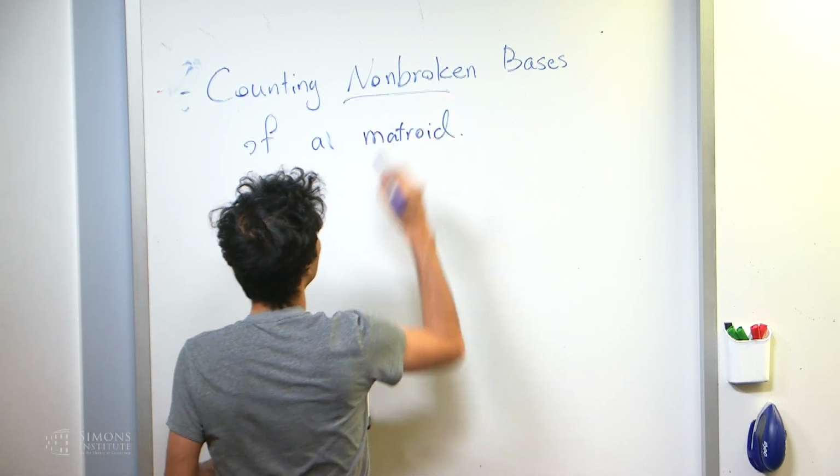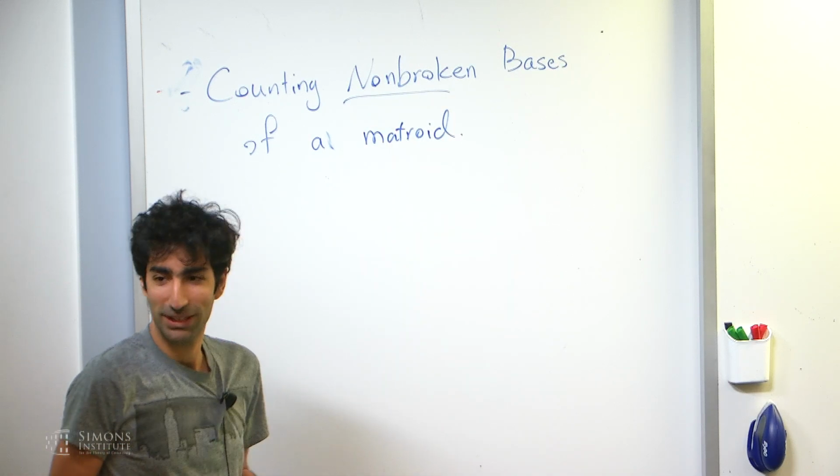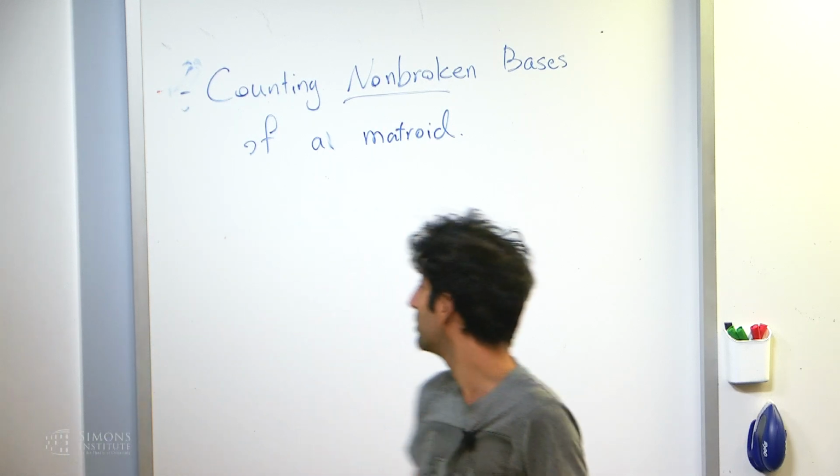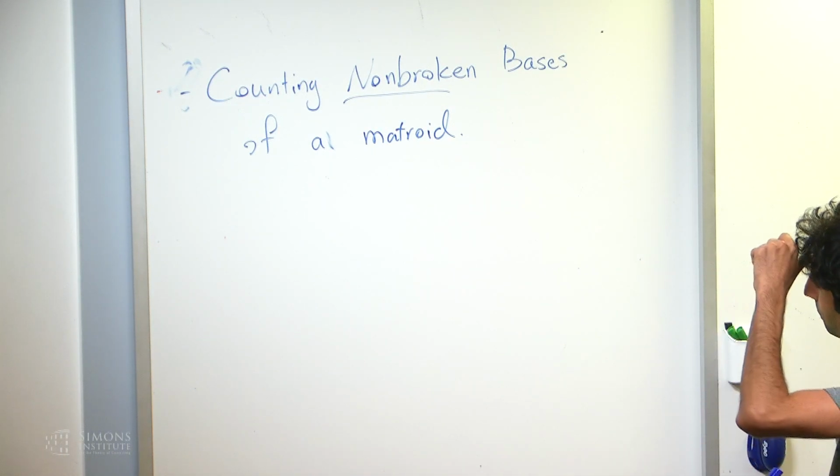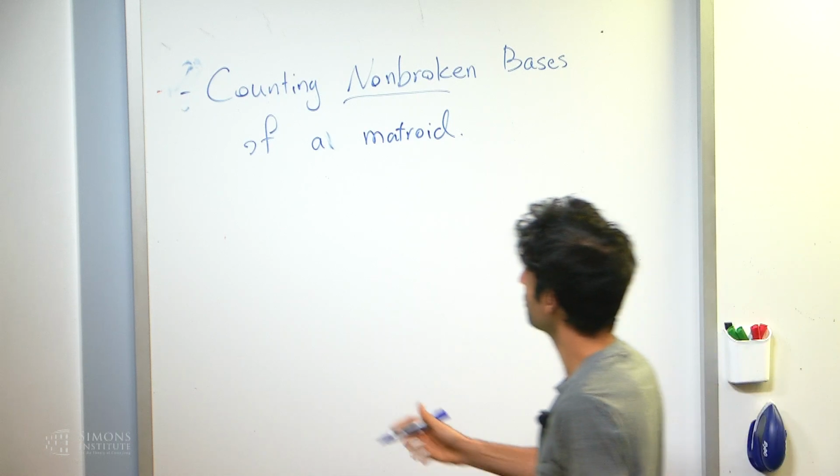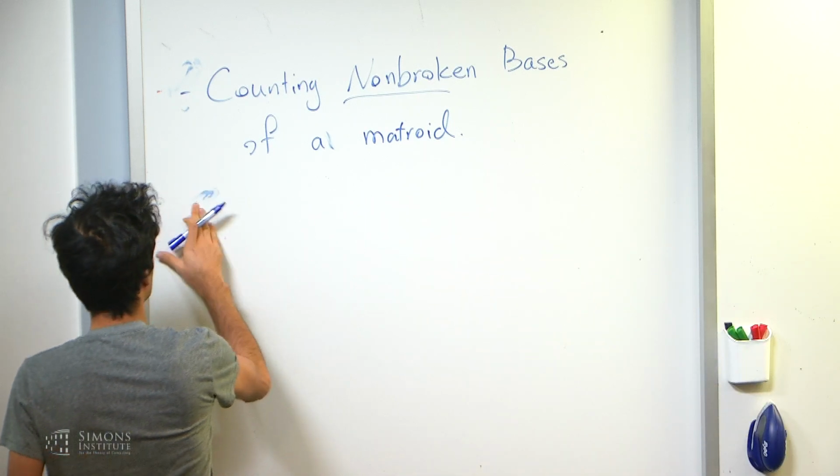There is this thing that probably many of you don't know what that means. I'm going to tell you what that means. But let me first give you a short history.